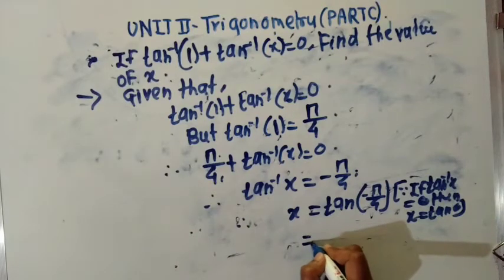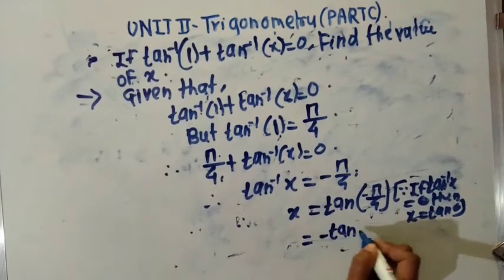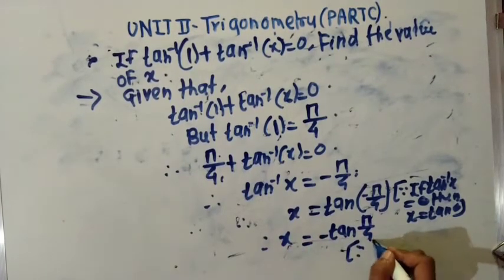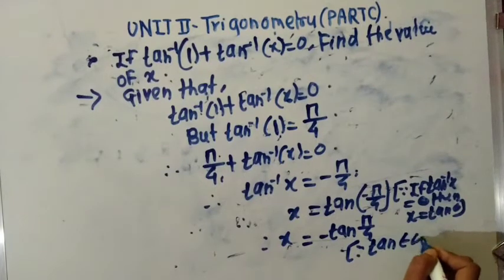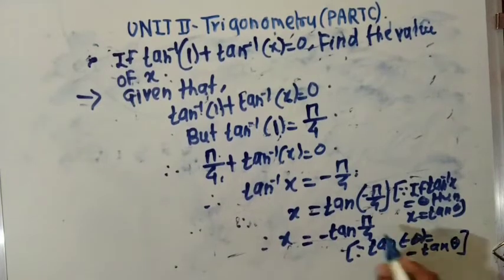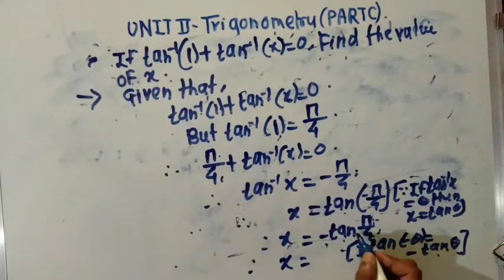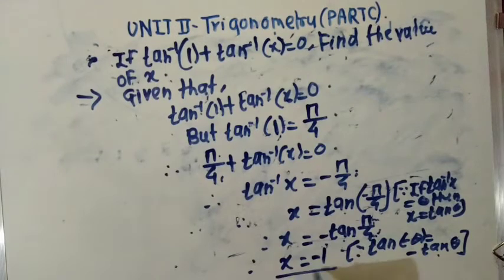Hence x is equal to minus tan pi by 4, since tan of minus theta is equal to minus tan theta. But tan 45 degrees, that is tan pi by 4, is 1, hence minus 1. Hence x is equal to minus 1 is the answer.